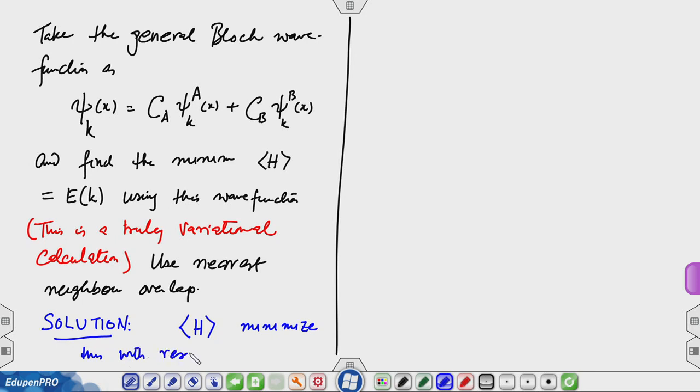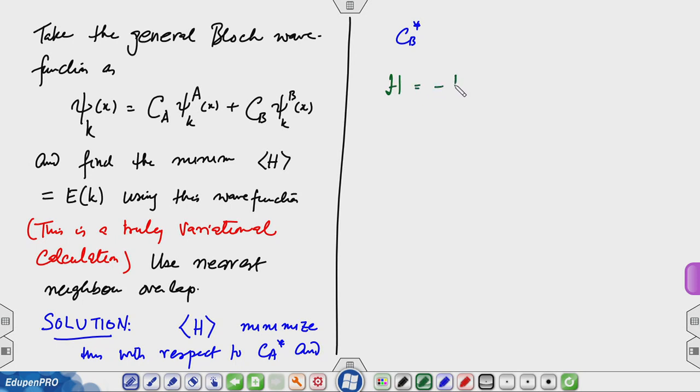With respect to C_A or C_A star and C_B star. Let me write the Hamiltonian first.